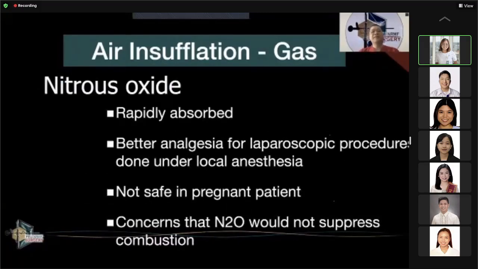The problem here is its safety in pregnant patients, and whether it is really not combustible. Nitrous oxide is also known as the laughing gas. So if it happens during surgery that the gas leaks in the operating theater, all of the team members will end up laughing.